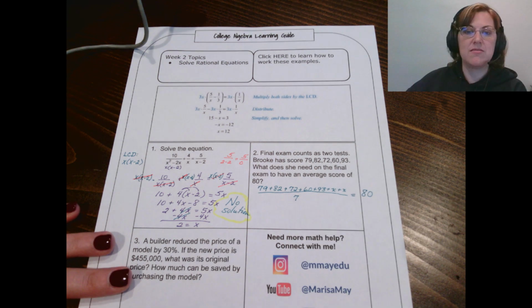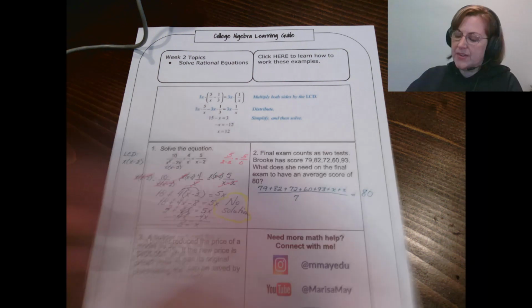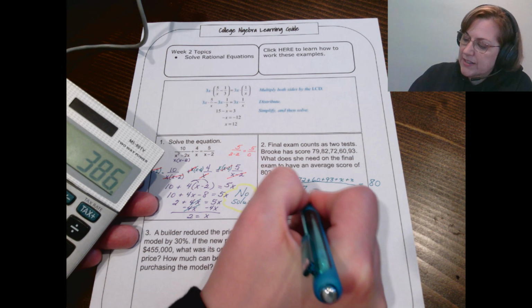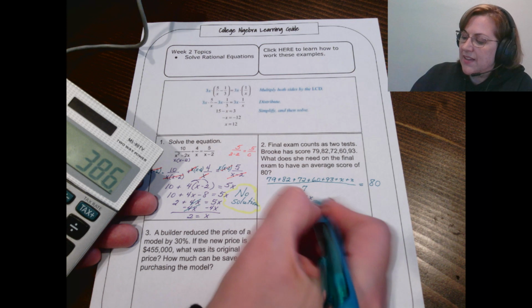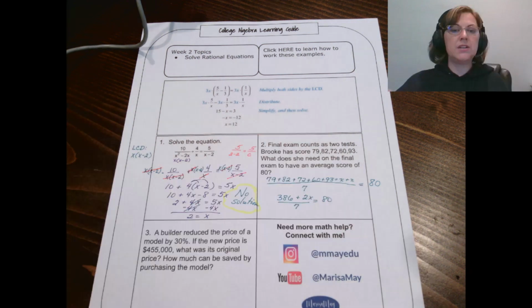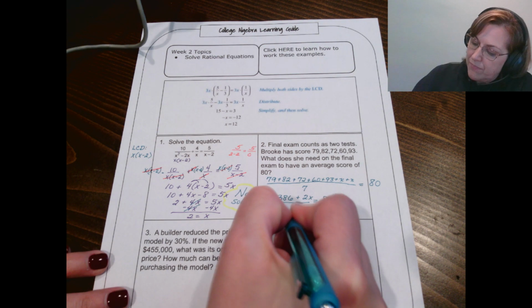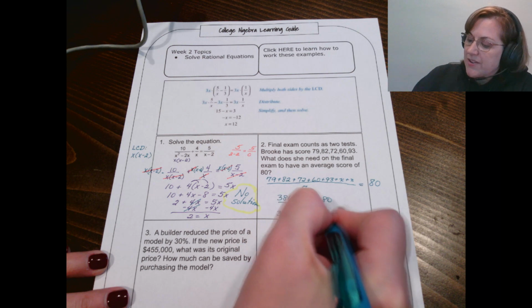Okay, so whip out your calculator. I'm grabbing my old school calculator here. I'm going to add up those numbers just like you would. And I get 386 plus 2 x's. It's got to divide by 7, and that equals 80. So how do we undo this? We multiply by 7. That gives me 560.